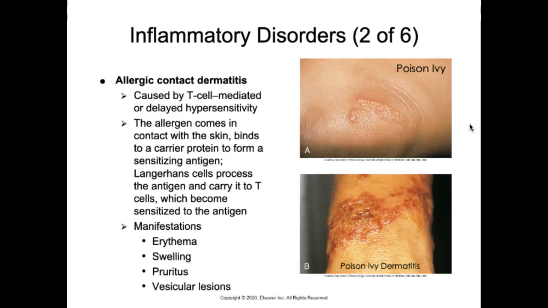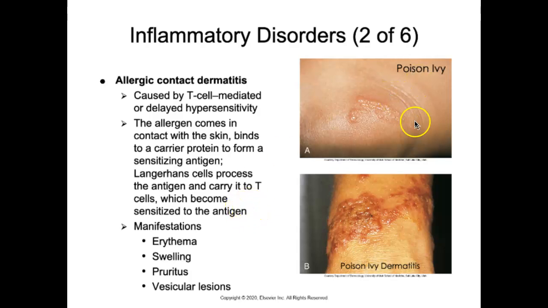The Langerhans cells within our skin, also known as the dendritic cells that we're going to find in that stratum spinosum layer of the skin, are going to process that antigen and then carry it over to the T cells, getting them to trigger that alarm and become sensitized to the antigen.